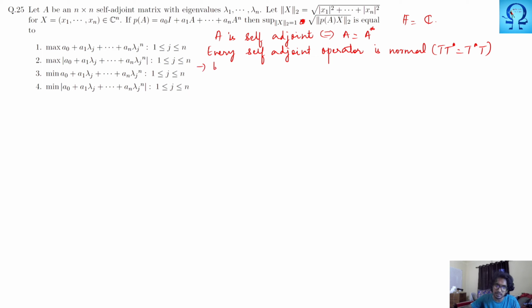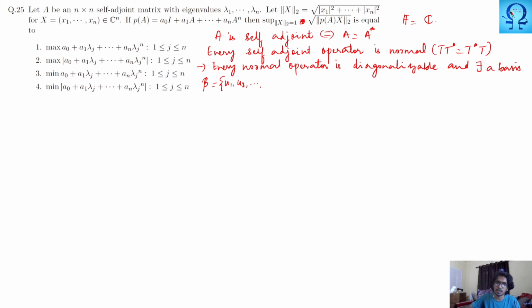And we have a result that says that every normal operator is diagonalizable, and there exists a basis, I name that basis beta, which is u1, u2, etc. un, such that the matrix of T with respect to this beta is diagonal, and moreover this collection beta is an orthonormal set.